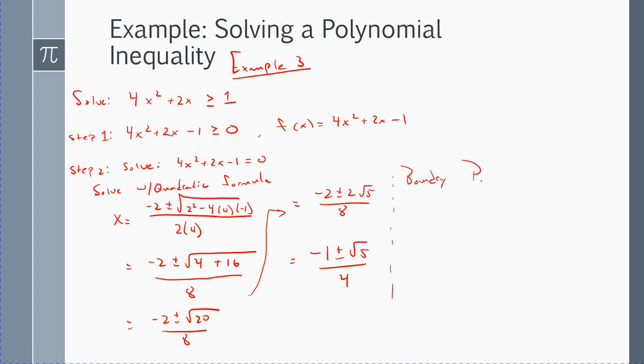So your boundary points, one is -1 minus the square root of 5 over 4, and just to save a little time, this is roughly -0.8. I'm just doing that to help us see the intervals. And then one is -1 plus the square root of 5 over 4, and this ends up being roughly 0.3.